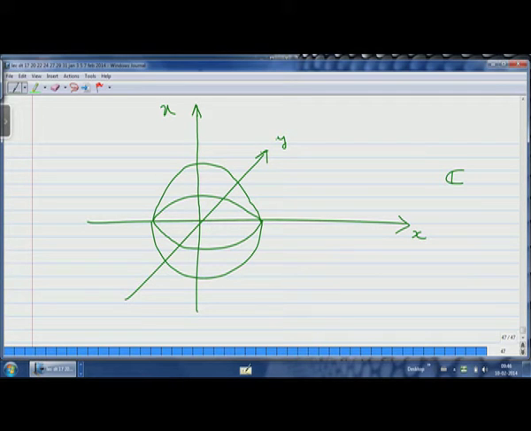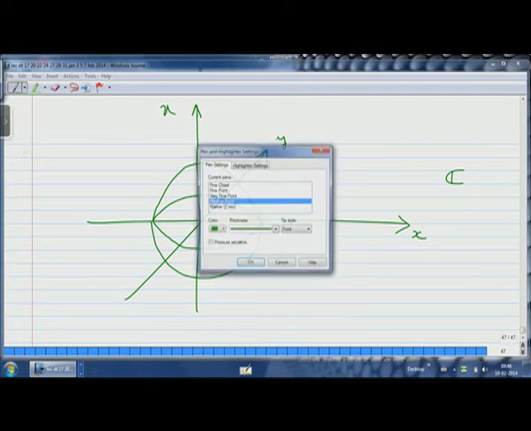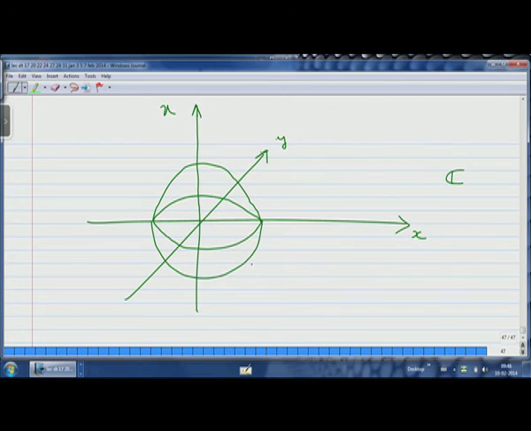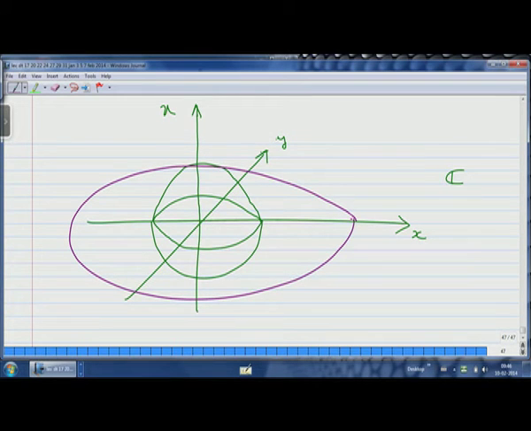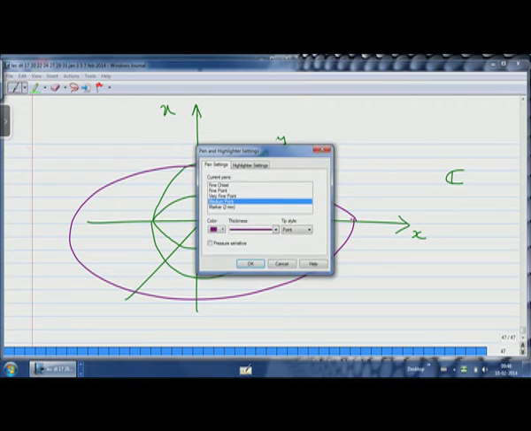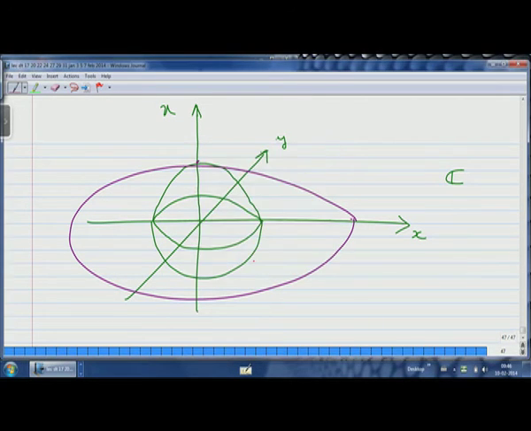Now if I take a circle on the complex plane of sufficiently large radius, the point at infinity corresponds to this point here on the Riemann sphere, which corresponds to the north pole. So this corresponds to the point at infinity.